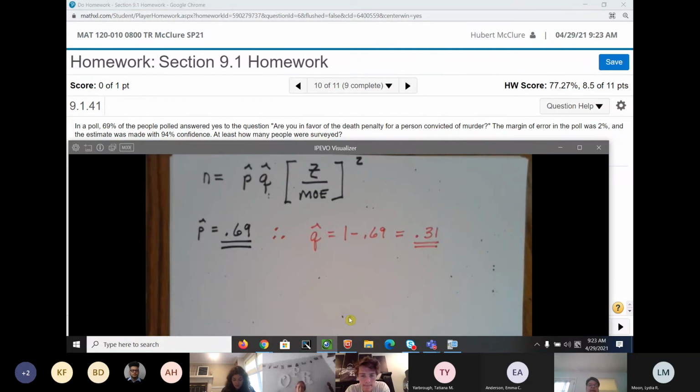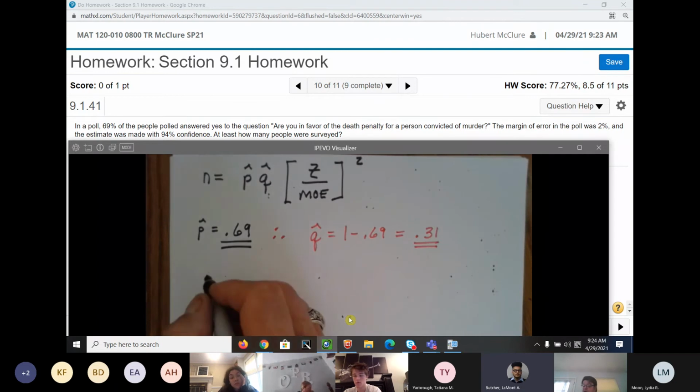What else do they give us? Somebody tell me, what else do they give us? They give us a margin of error. Margin of error is 2%, which is 0.02.